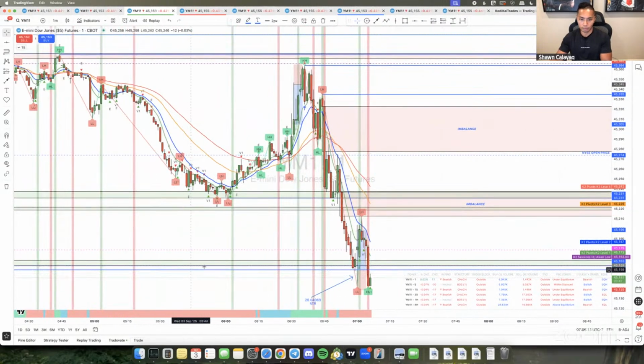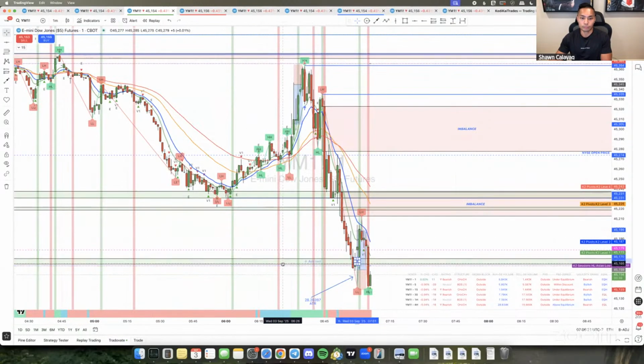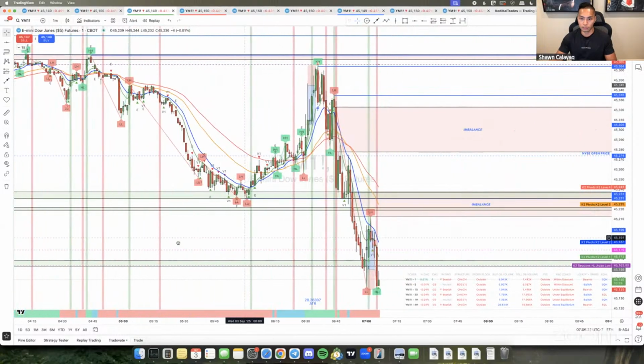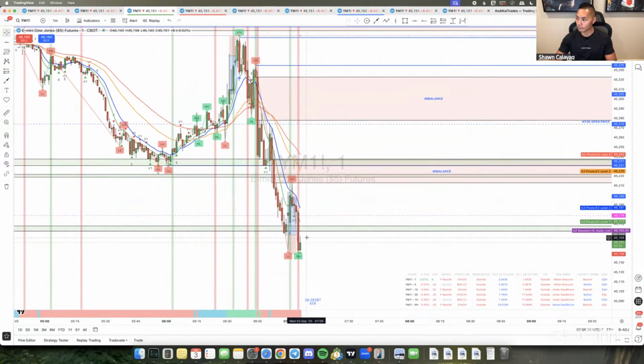So let me clean this up. There's another liquidity right here. There's another imbalance that's setting up right here, guys. You can see there's a lot of imbalances starting to set up as price continues to drop lower. This is another pending imbalance.